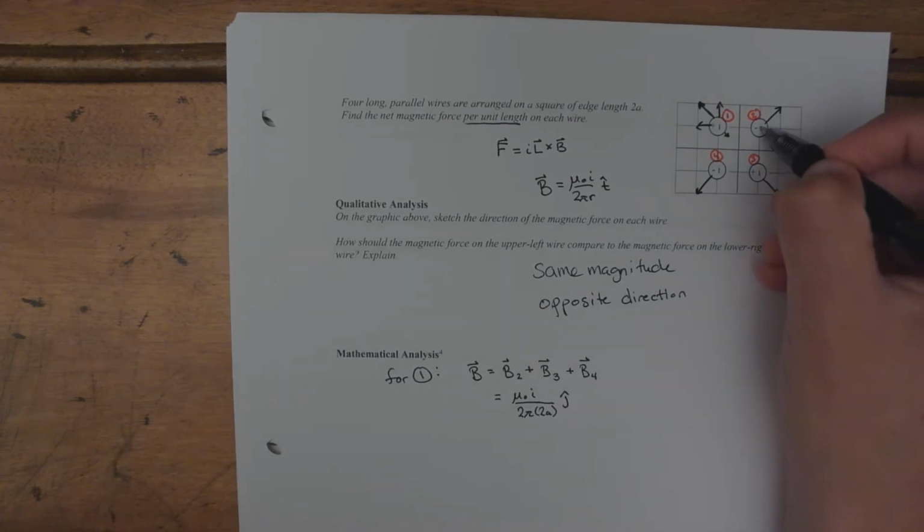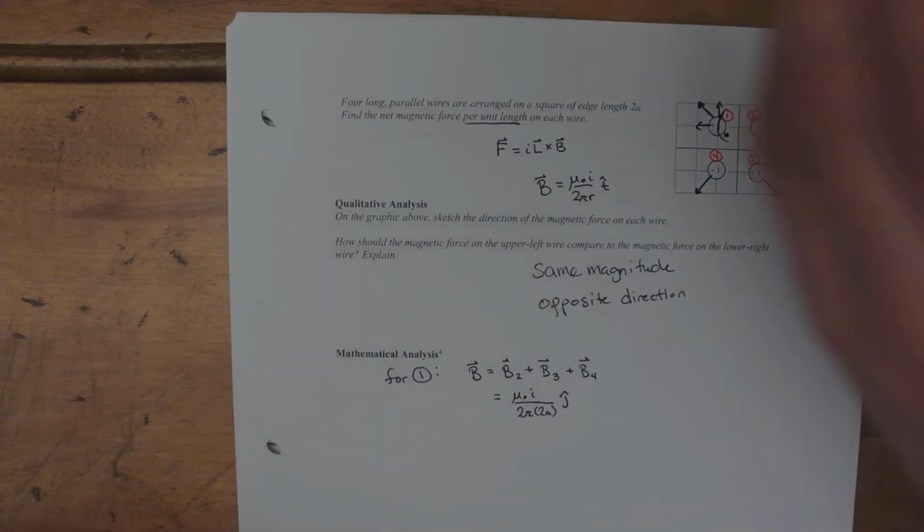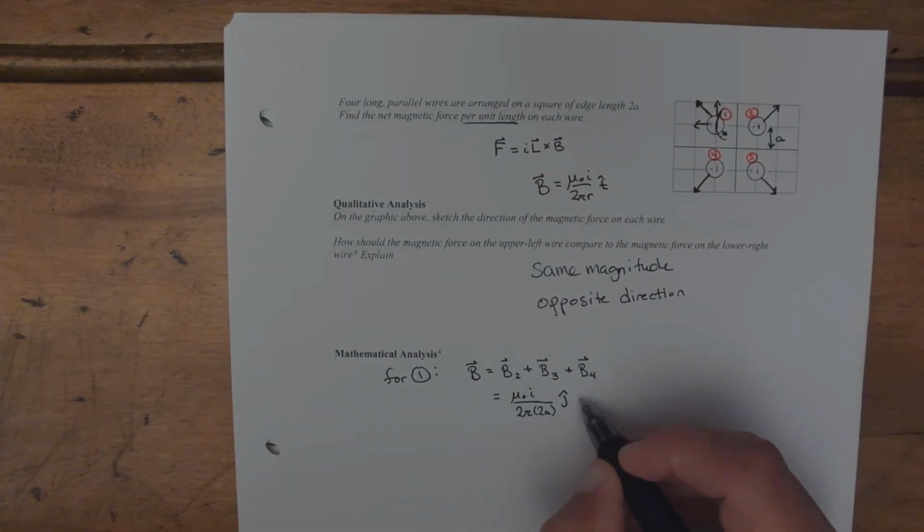Or you can say, if there's a circle centered on this wire here, the direction would be tangent to that circle. It would either be pointing upward or downward. By your right hand, it would be pointing upward and not downward.